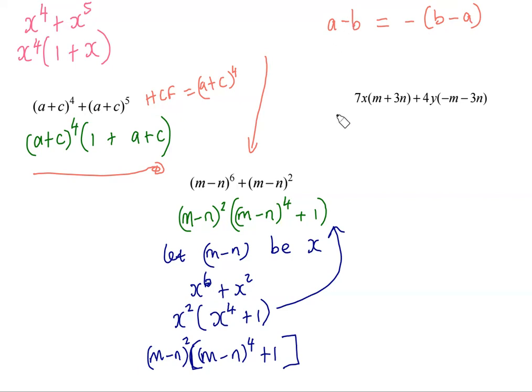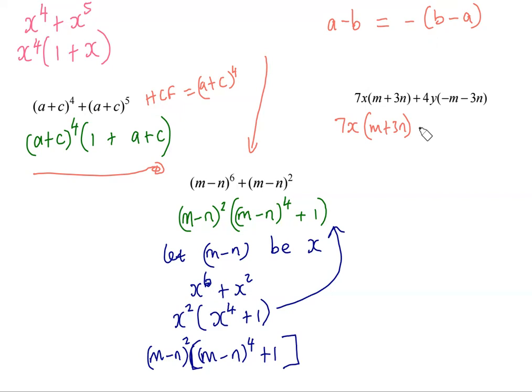Okay, so here we have 7x in the bracket (m plus 3n). Now, we have got negative m and negative 3n. Changing the sign here will also change the signs inside.